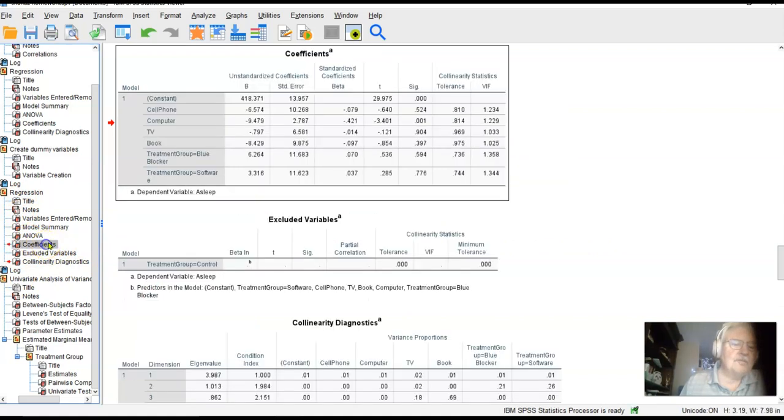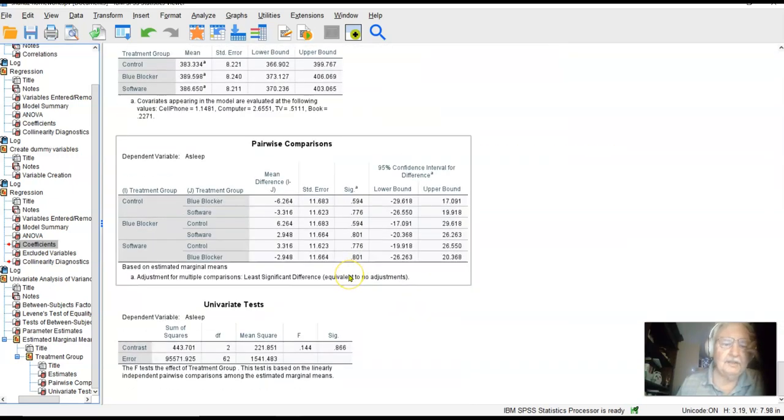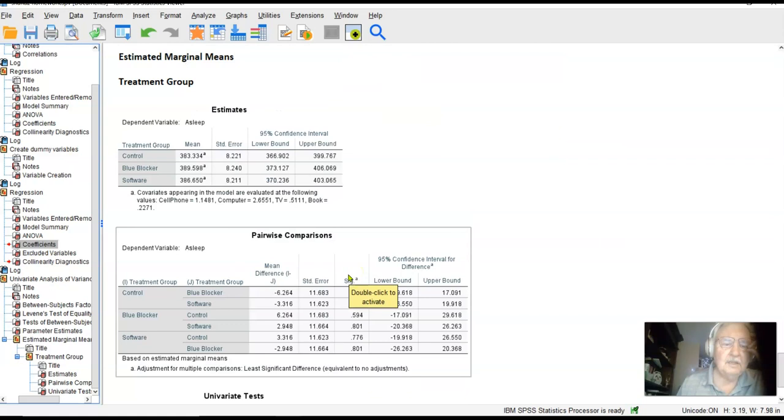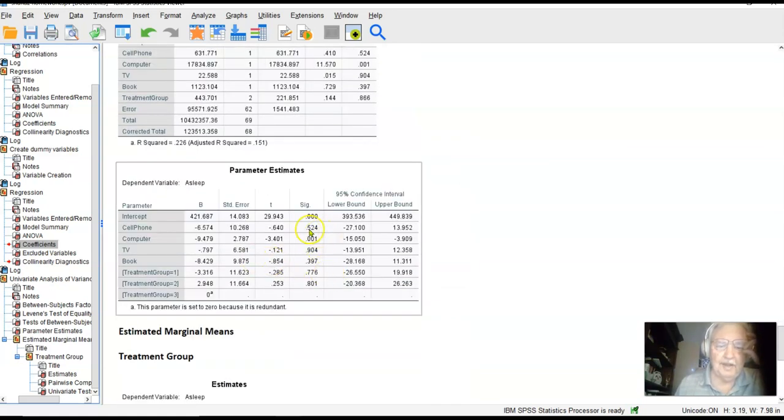So here are our coefficients. Notice for significance, for cell phone it's .524, computer it's .001. Down here in our parameter estimates, it's .524 for cell phone and .001. It's the exact same thing. It's just that it makes it easier.